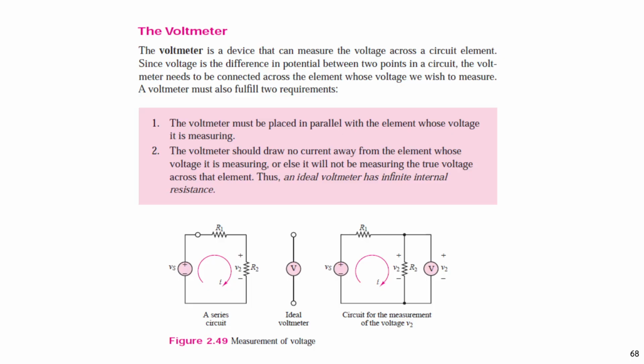The voltmeter is connected in parallel, a shunt connection. And we assume that the impedance of the voltmeter is very high. When we solve the circuit with a voltmeter, we assume there is no current flow, so this is an open circuit, right? Infinite internal resistance, very high. But in fact, there will be some very small current leak.